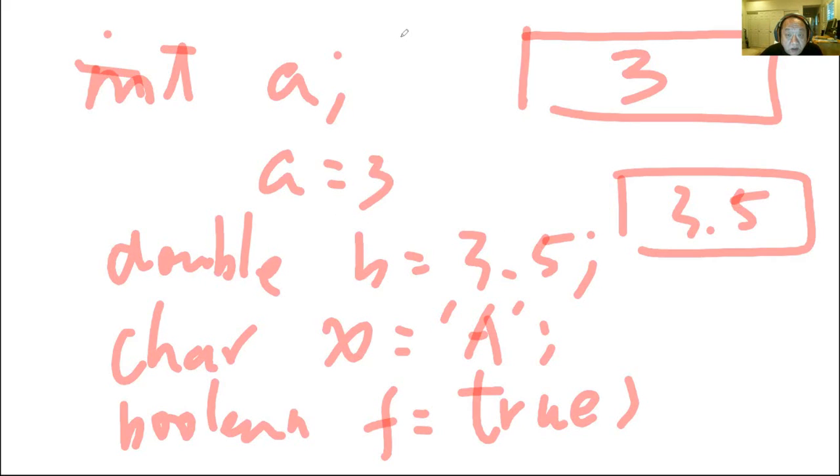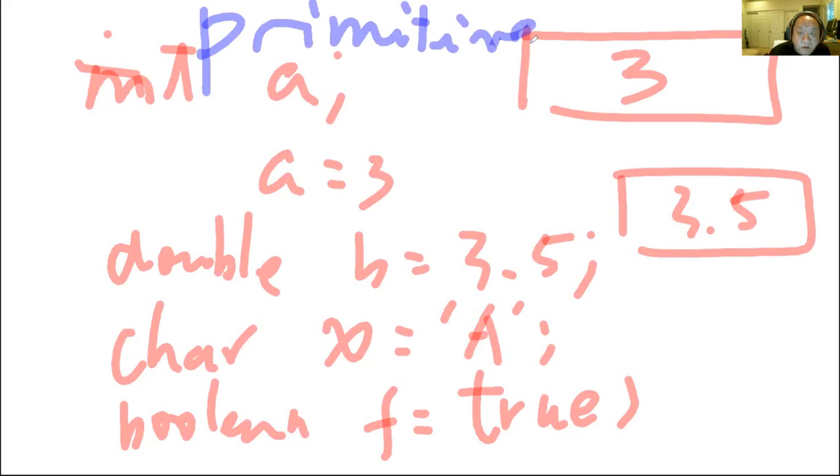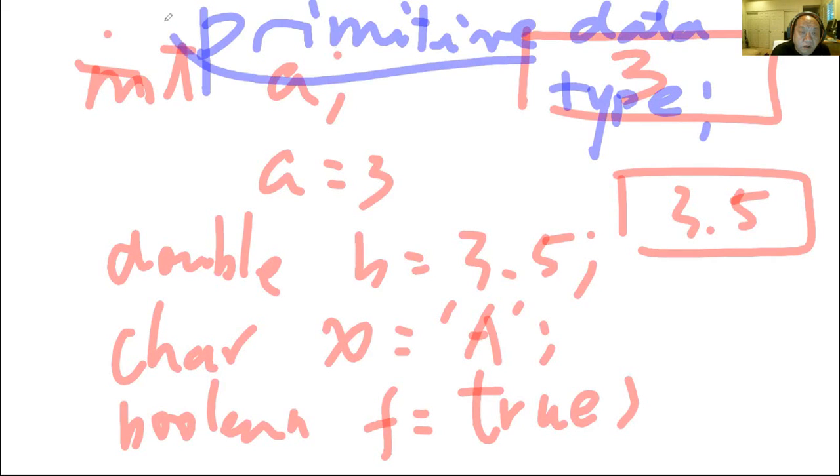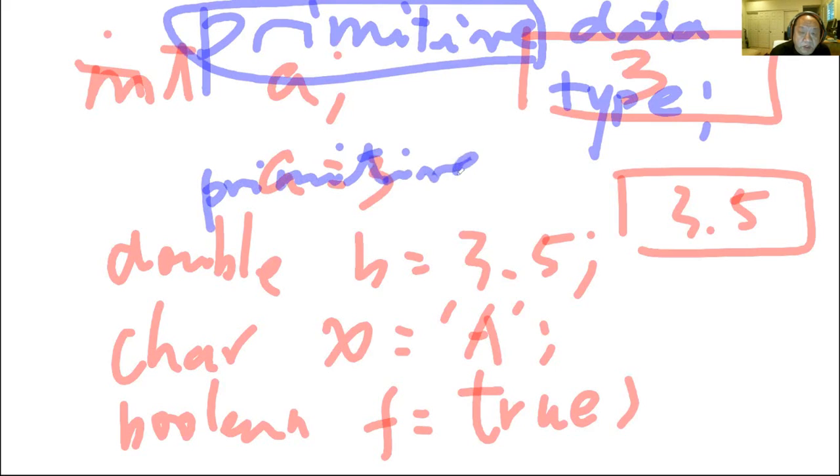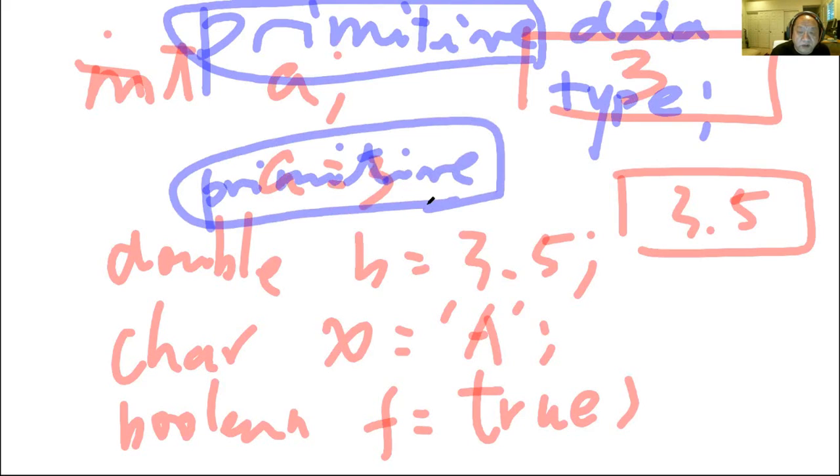So these variable types are called primitive data types. Okay, so the word primitive means what? Primitive tribe, right? So primitive means not processed, right?